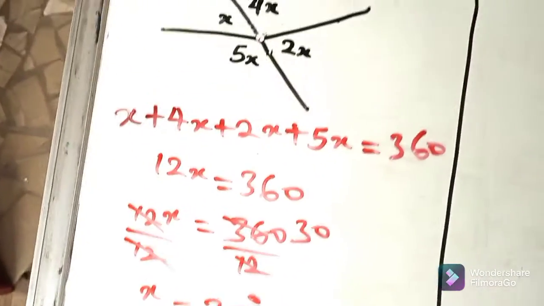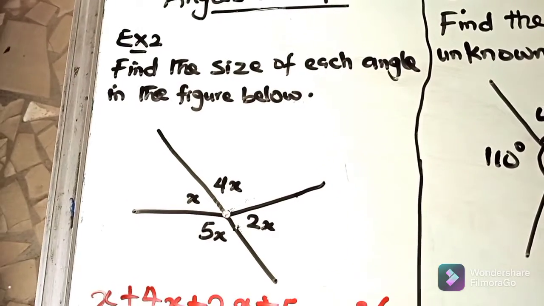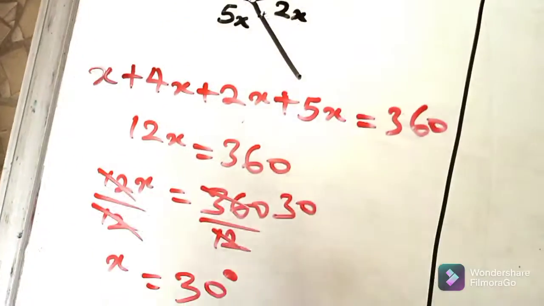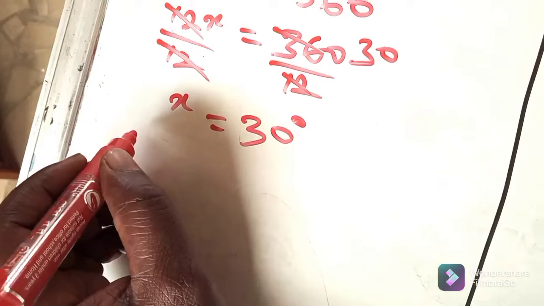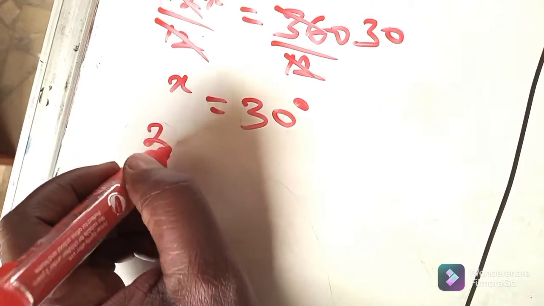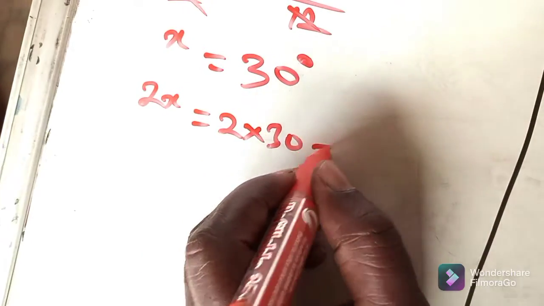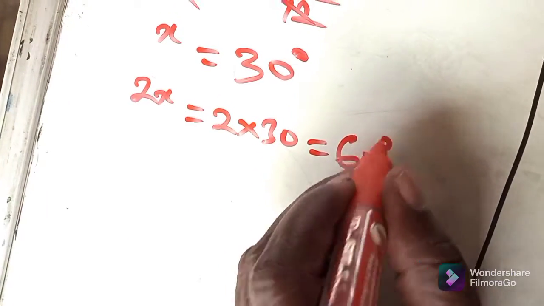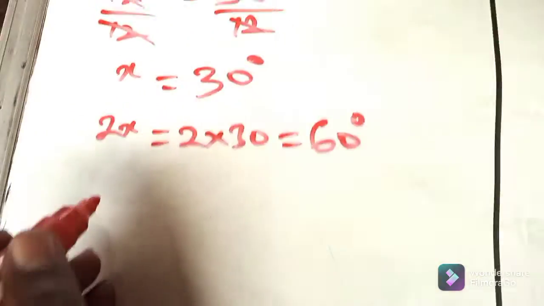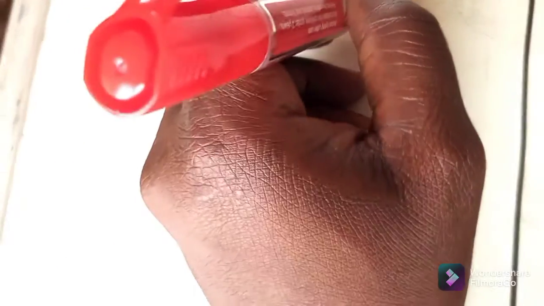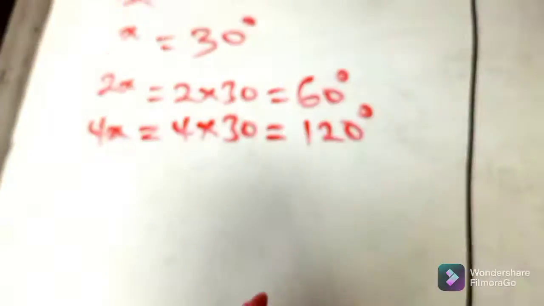But the question says we should find the size of each angle. That means we not only find x, we also find 2x, which will be 2 times 30, and that will give you 60 degrees. Then 4x, that will be 4 times 30, that will give me 120 degrees.